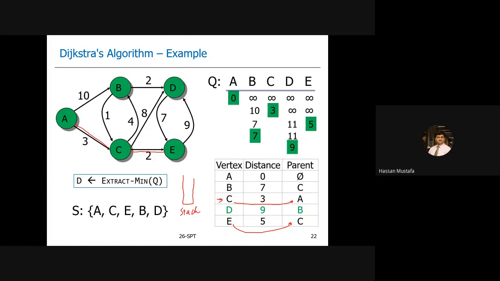From E, we put E in the stack, then we put the parent of E in the stack, then we put the parent of C in the stack, and then we reach the destination. So the stack now has all the nodes that are in the path, and if I now pop the top value, that would be A, then pop the second value, it would be C, then pop the third value, it would be E, and now I have the correct sequence.